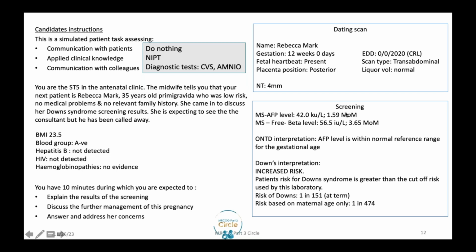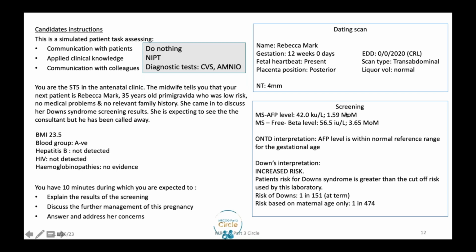The needle test means we will take some tissue from the afterbirth or the fluid around the baby, depending on timing. If taking tissue from the afterbirth, we call it CVS. We take it from 10 weeks onwards. In case of fluid, we take some fluid from around the baby, but we do it after 15 weeks.